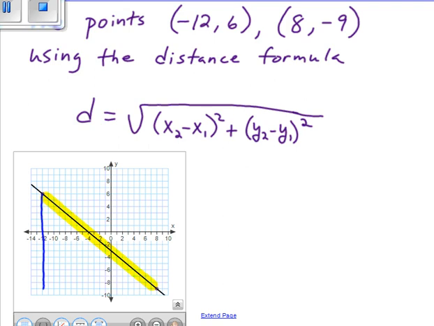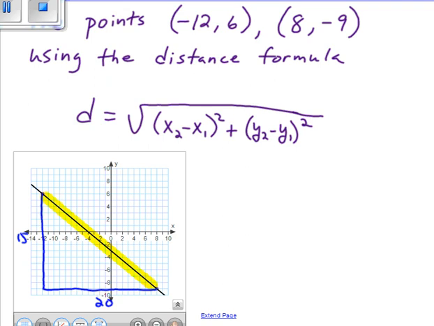The difference of their y's is the distance from 6 all the way to -9, so that is a distance of 15. And the difference of my x's is going from -12 to 8, so that is a 20.